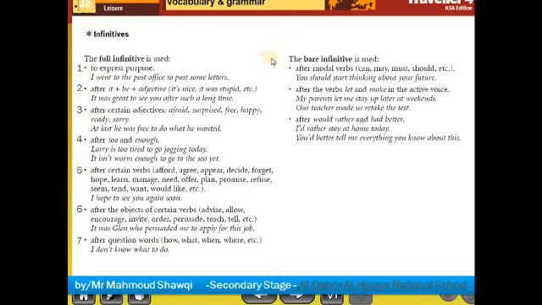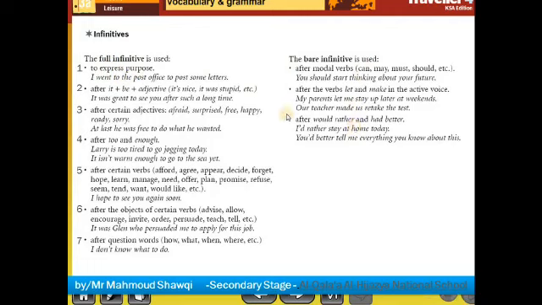Okay, let's move to the bare infinitive. Bare infinitive, we use the verb without adding anything and without using to. Here in full infinitive we use to plus the verb, but here we are not going to use to. Only the verb.